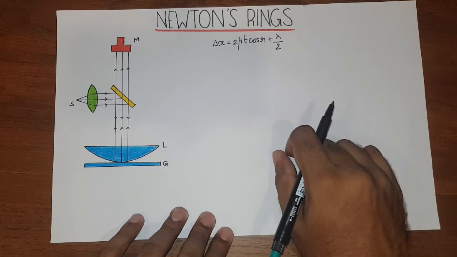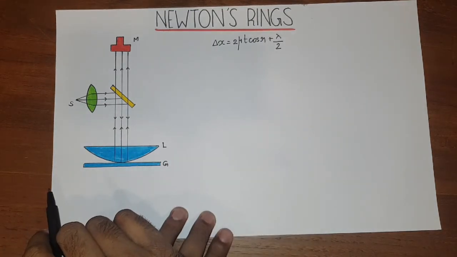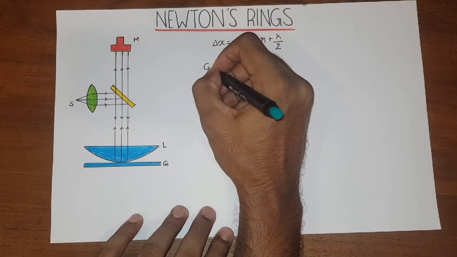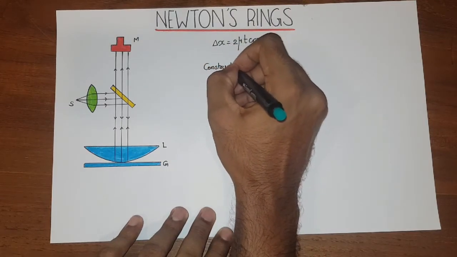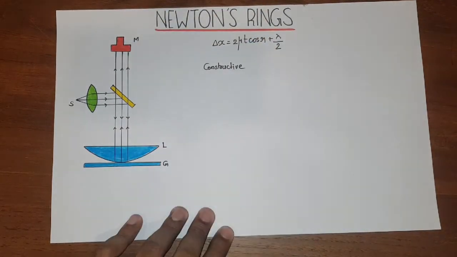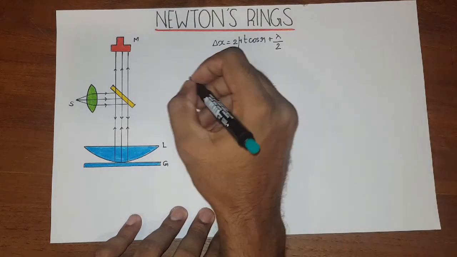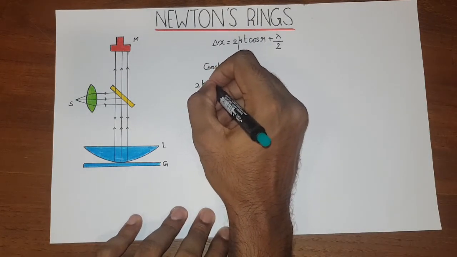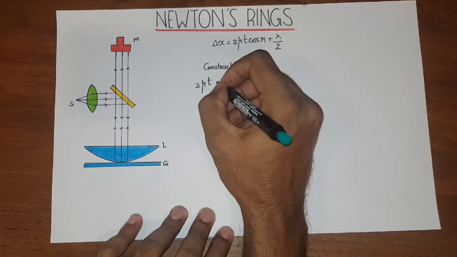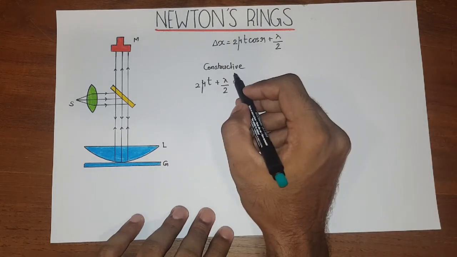Now what we have to do is substitute the value of delta x for constructive and destructive patterns. So let us now first consider the constructive case. For constructive interference, so here also, since it is a normal incidence phenomenon, r can be limited to 0. So cos r value will be 1. So this equation can be written as 2 mu t cos r, which is 1, plus lambda by 2 will be equal to, what will be the value of delta x for constructive interference?